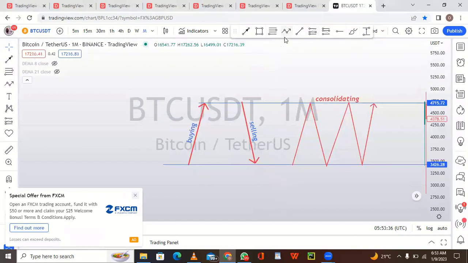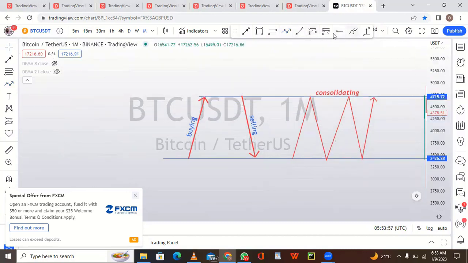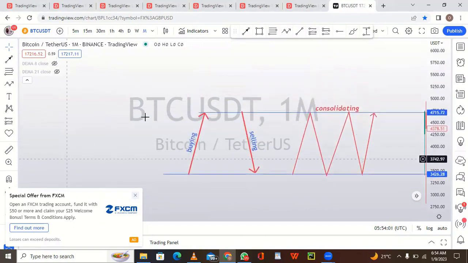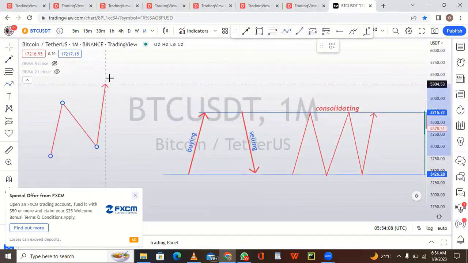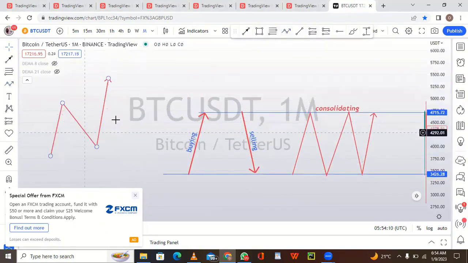For a market to be bullish, there are a few things you need to consider. Before that, I need to show you how a bullish market looks. You see the market with this behavior. So this is how a bullish market looks. The market starts from a point of a low.